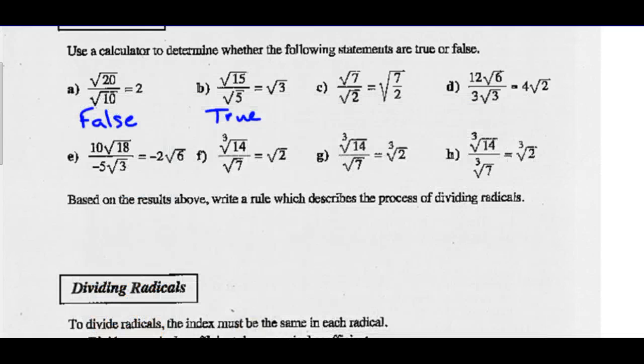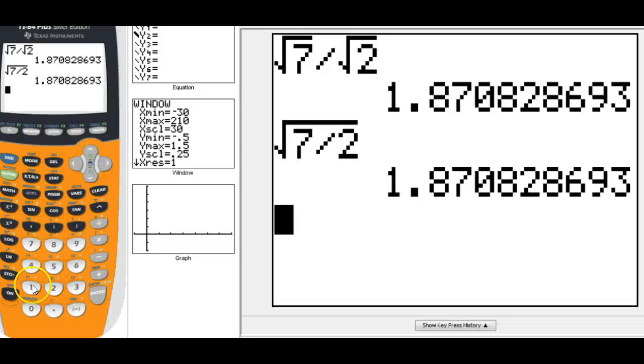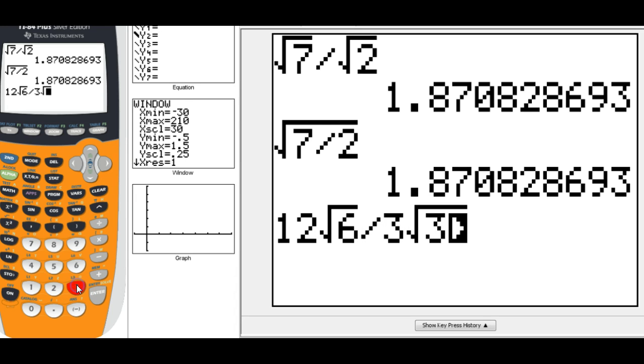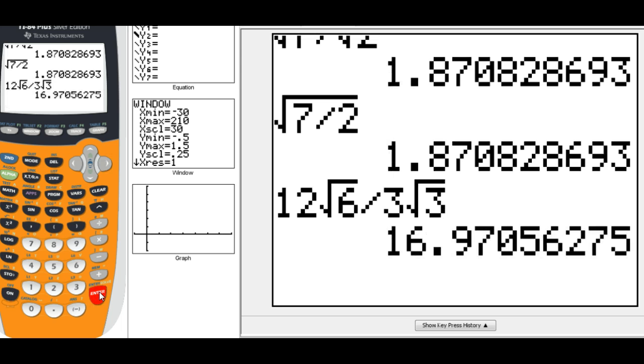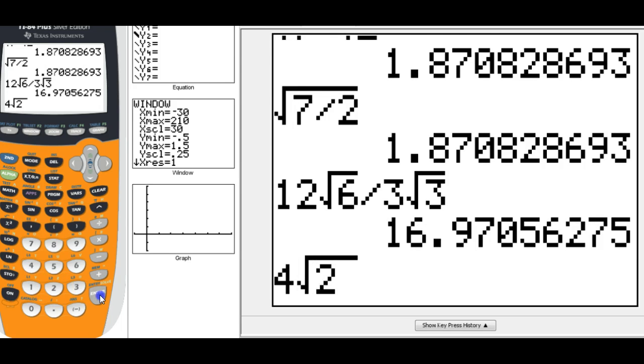So that's a true statement. D, 12 root 6 divided by 3 root 3 gives us this value, and that should be the same as 4 radical 2.